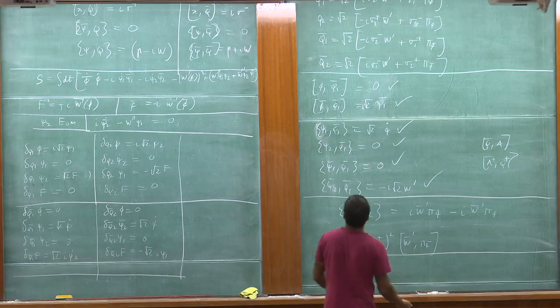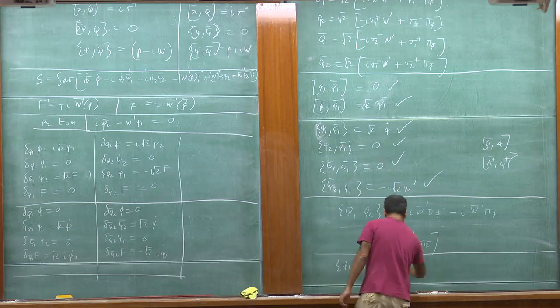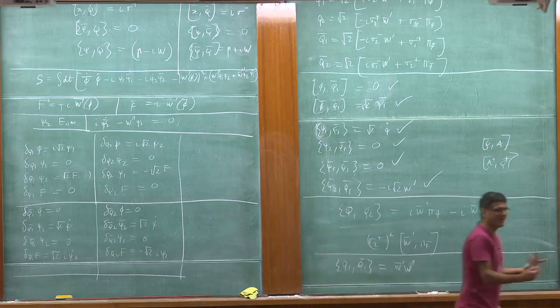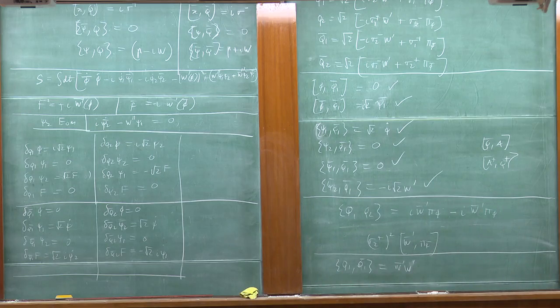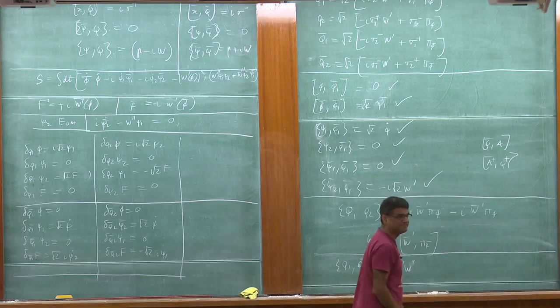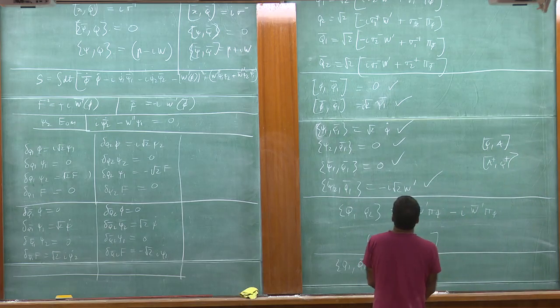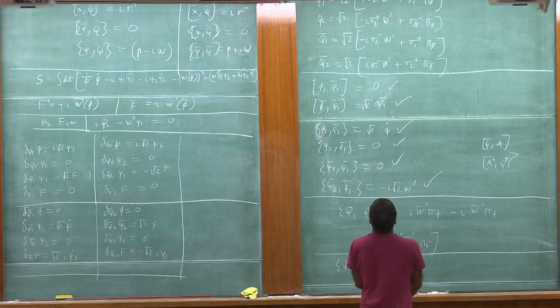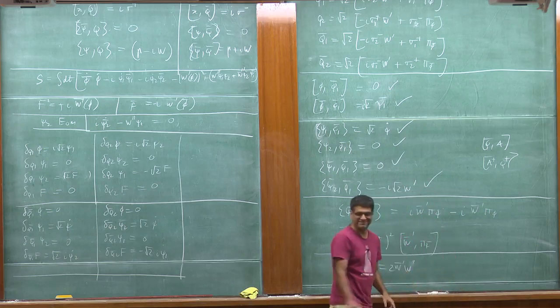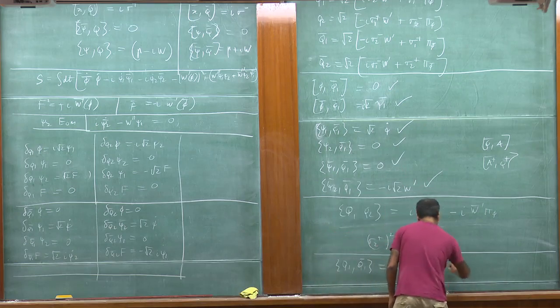I with minus I gives 1, so I get W bar prime, W prime, and the anti-commutator is 1. So that's one term. Now let's take the second term of Q1 and the second term of Q1 bar. Once again, pi phi and pi phi bar commute with each other. And I get a 2 because of the square root 2s, and then there's a plus 2 pi phi bar.